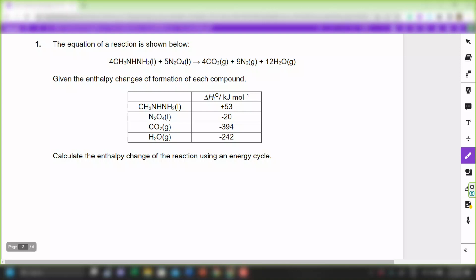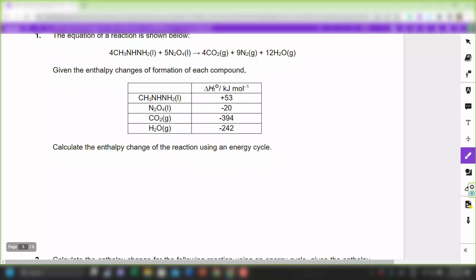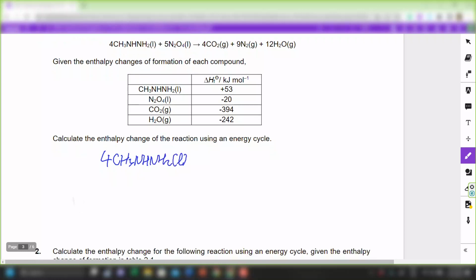What I'm going to do now is rewrite the equation. I'm going to have 4 CH3NHNH2, and this is in the liquid phase. Do take note that the state symbols for energetics experiments as well as related questions are very important, because the defined values are related to the states the compounds are at.